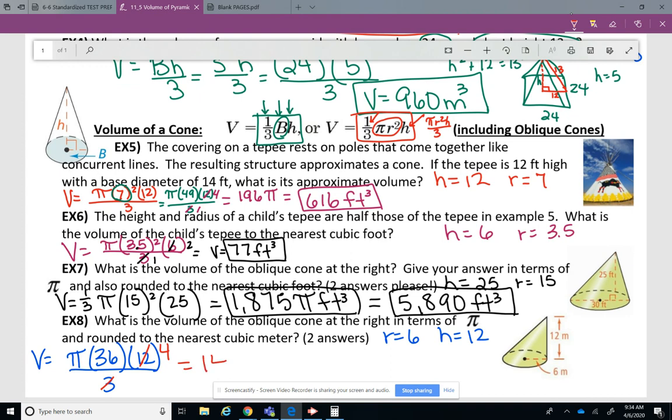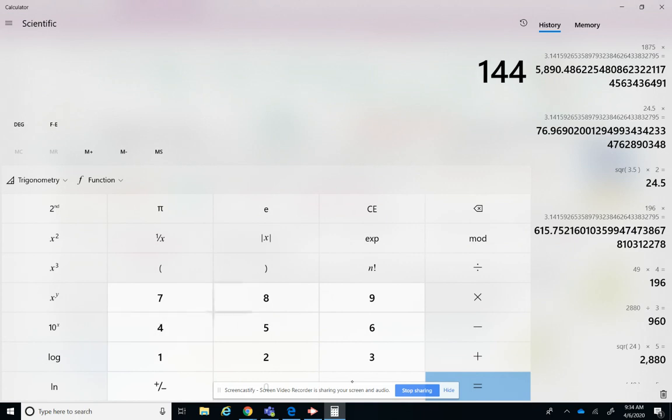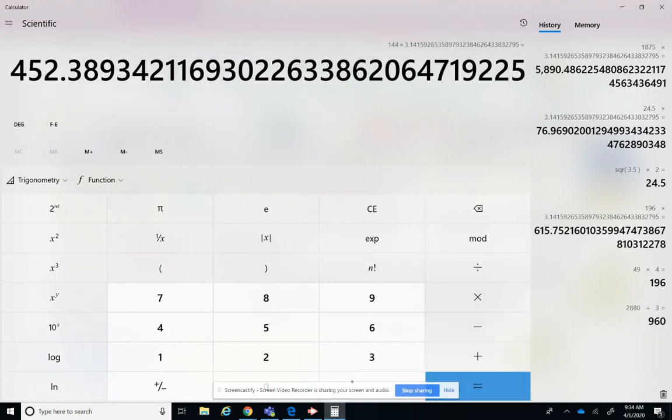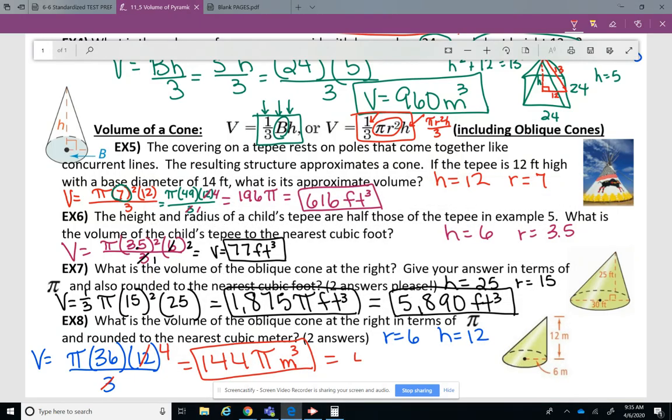That should be 144 pi, and it's cubic meters. All right, so that's leaving pi as pi. And then in your calculator, do 144 times pi and round that. That's going to end up being 452 cubic meters. All right, so those are the two answers that you would have.